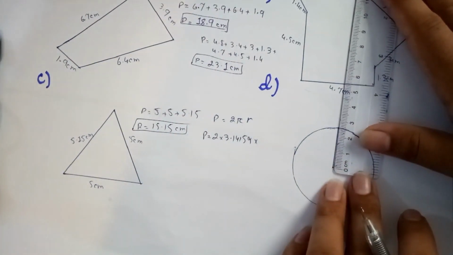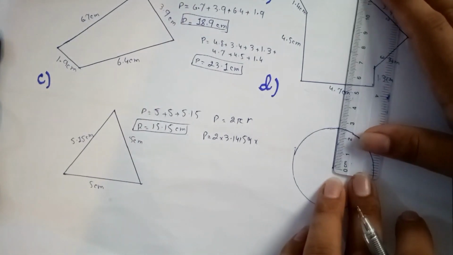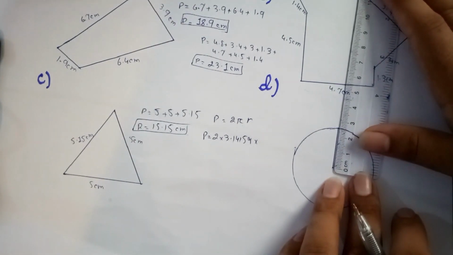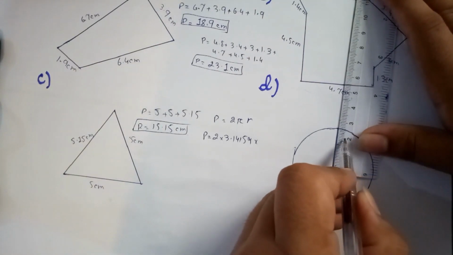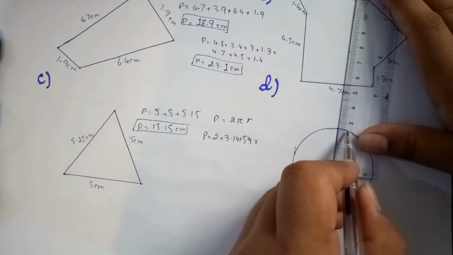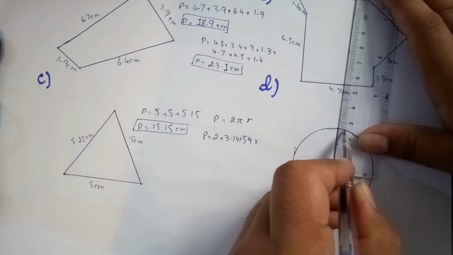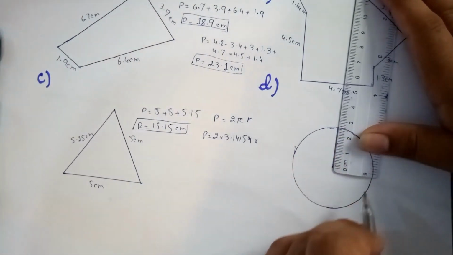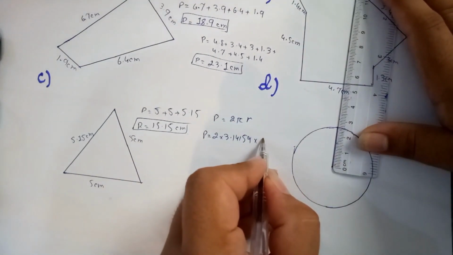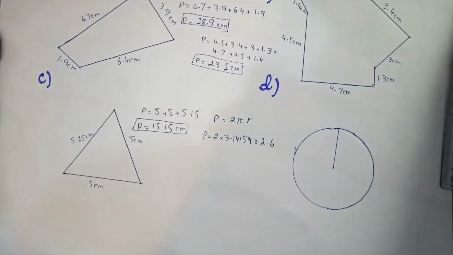Clear? So this is a 0. So this is 2 centimeters, this is 3 centimeters. Okay, this line you can see. Clear? This is 2.5 centimeters, and here we have 1 millimeter more than 2.5 centimeters, so it will be equal to 2.6 centimeters.